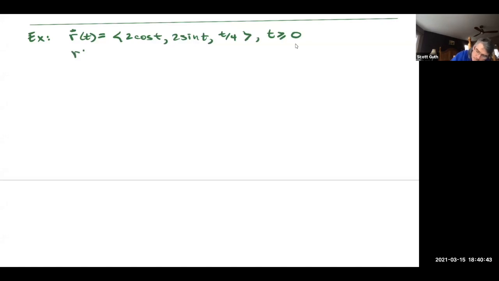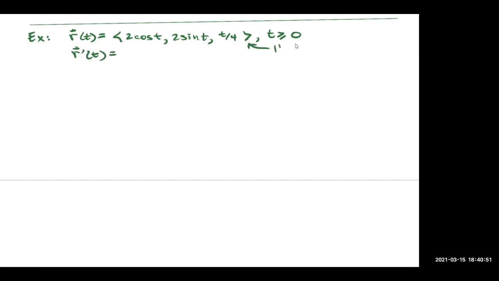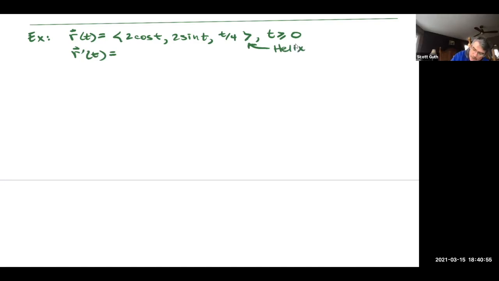A helix? Yeah, that's a helix. Thank you. And so r prime of t is going to be -2 sine t, 2 cos t, and then just 1/4, like that.